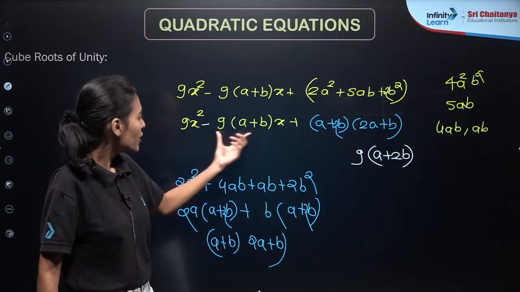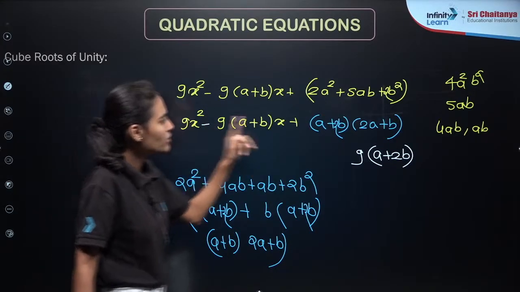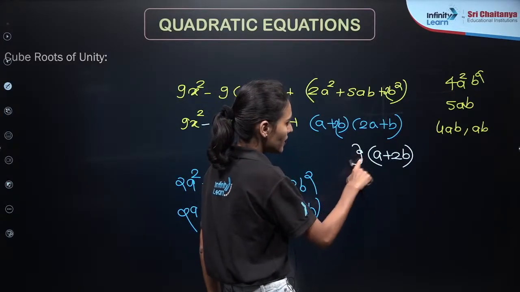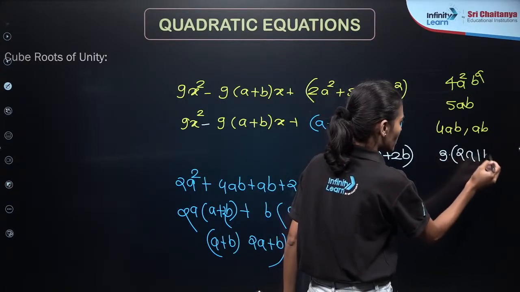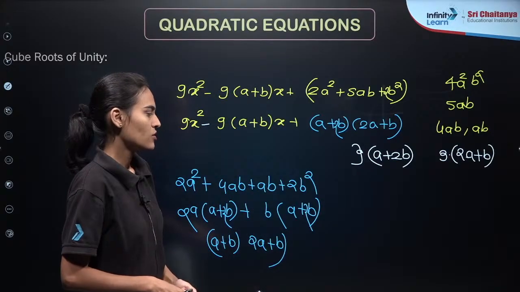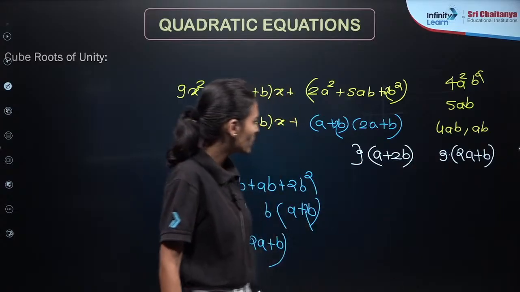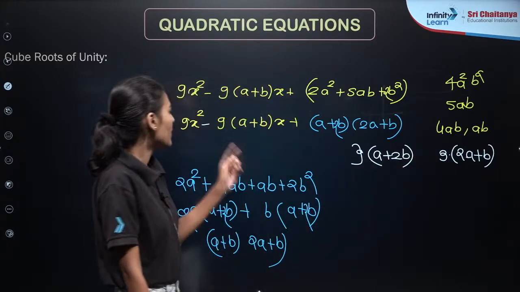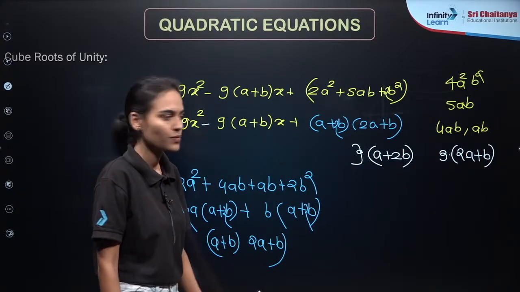Now you want your addition to be minus 9 times a plus b, multiplication to be 9 into a plus 2b into 2a plus b. So I can take numbers first 3 times a plus 2b and 3 times 2a plus b. So that see here I will get then 3 into 3, 9, and then a plus 2b into 2a plus b. But at the same time I should get addition as minus 9 times a plus b.